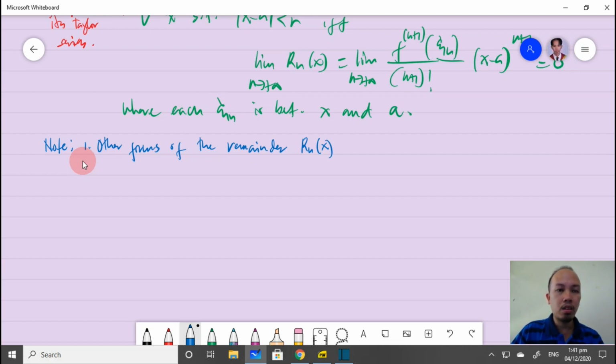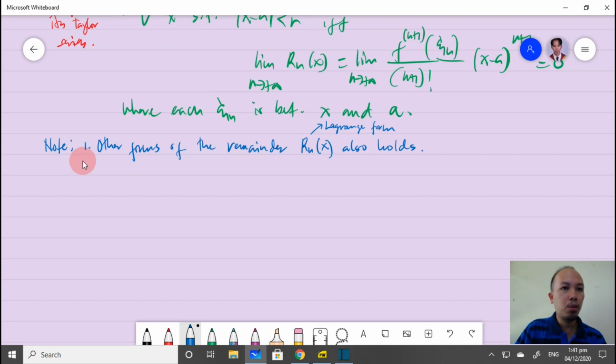The r sub n of x here is what we call the Lagrange form.